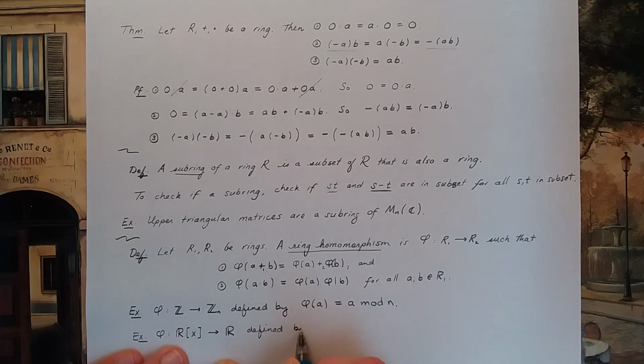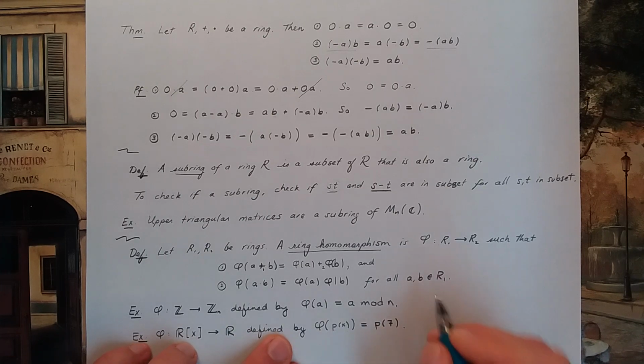And I'm going to define it by sending a polynomial p(x) to p of 7. So I'm going to plug in 7 into my polynomial and get a real number out. I'm evaluating my polynomial at 7. This is also a homomorphism. You could check it. I don't know if I really want to right now, but this is definitely a homomorphism.